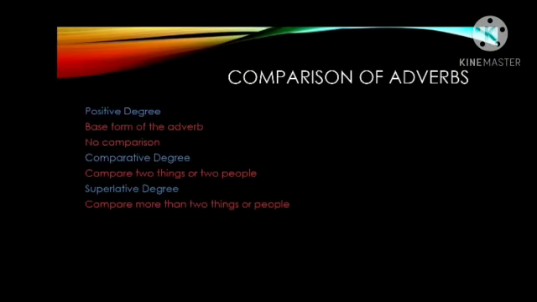Now, my dear students, we are going to discuss comparison of adverbs. As we have in adjectives, we also have degrees in adverbs: the positive, the comparative, and the superlative. The positive degree is the base form of the adverb, and in the positive degree we do not have a comparison, but in the comparative degree we have a comparison between two things or two people.